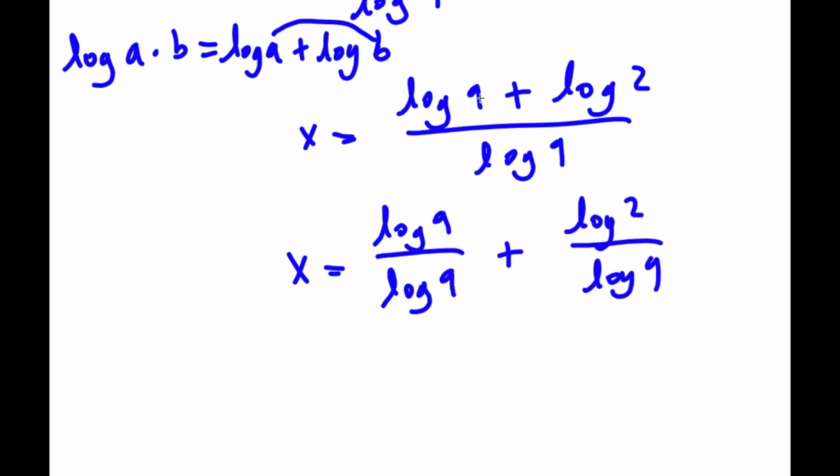All I simply did was divide this into two parts, because remember, if you add these again, you'll simply get log 9 plus log 2 over log 9. So now, log 9 over log 9, these two cancel out, so this is the same thing as 1. So I have 1 plus log 2 over log 9.